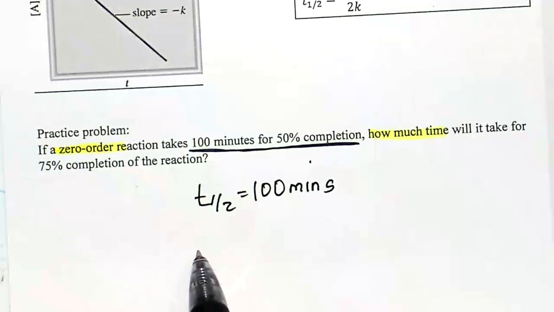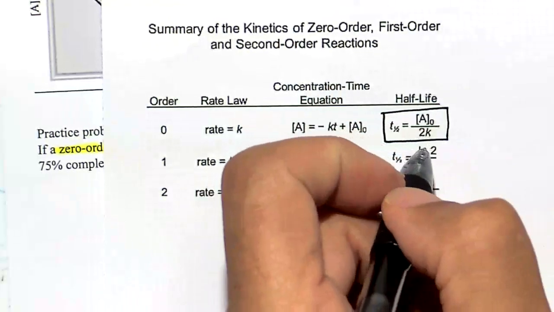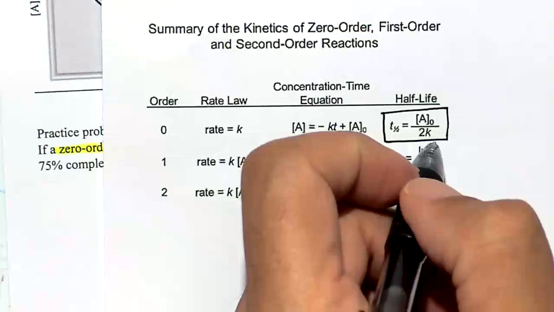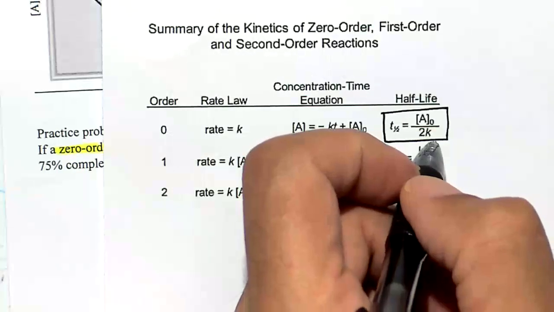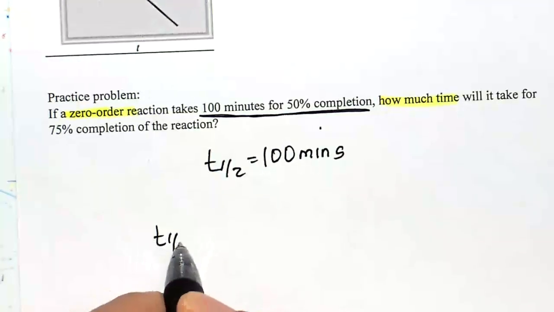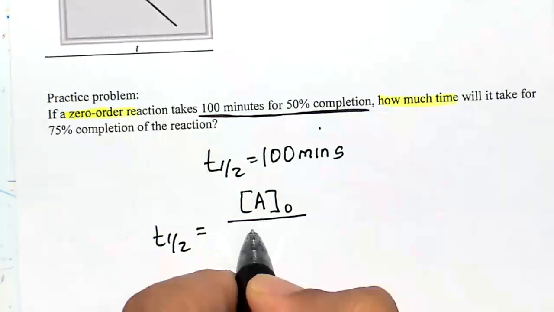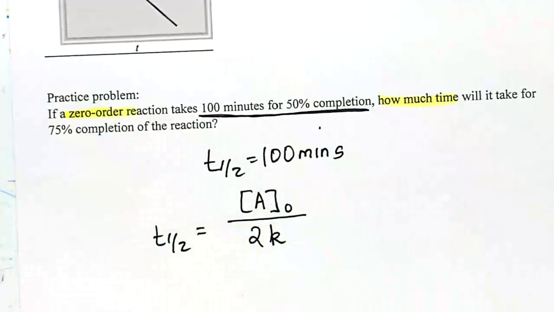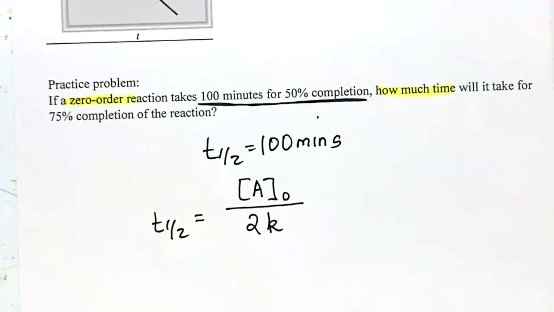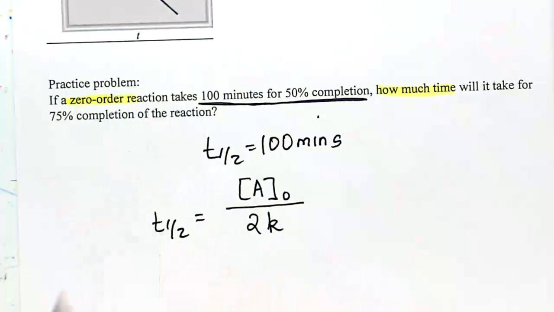So for a zero order reaction, the half-life is this equation. I'm going to use this equation and solve for the rate constant K. They don't give me an initial concentration here, but remember, this is a decay.